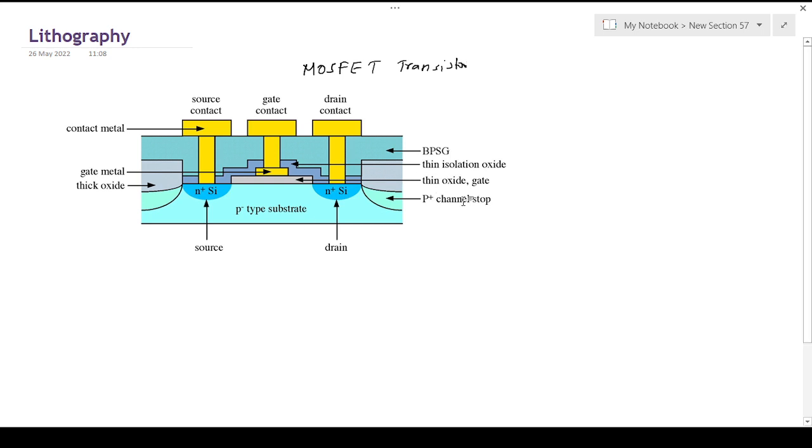The lithography is one of the tools to create this.